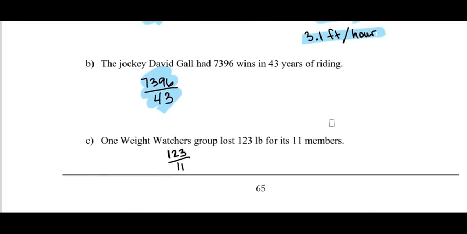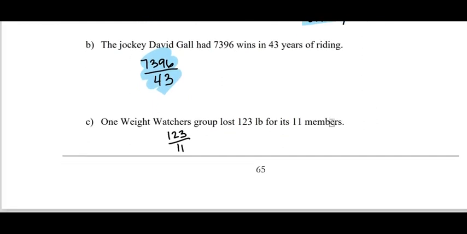Okay, so let's go back to part B. We set up our rate, 73.96 over 43. So we just need to go ahead and divide 73.96 divided by 43. You have 172 wins per year.